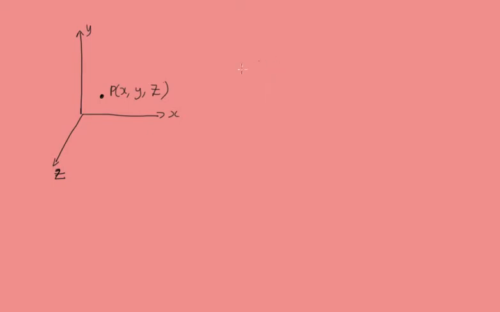Now let's say we have a vector at point P, and its coordinates are 1, 3, and 7, and it moves to point Q, which is 5, 3, 8. What is the displacement vector PQ?